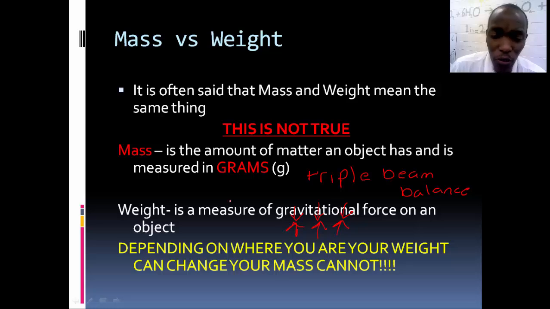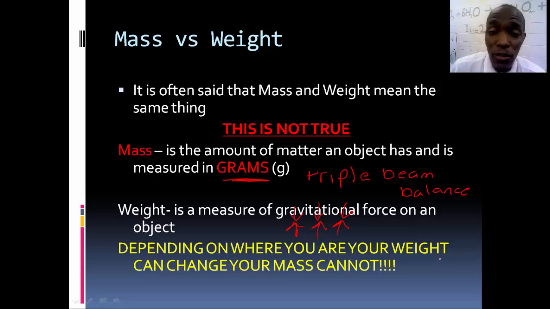So weight is a measure of the gravitational force. Mass is just the amount of matter an object has, and this is measured in grams. So depending on where you are, your weight can change. Your mass will not change if you move location.